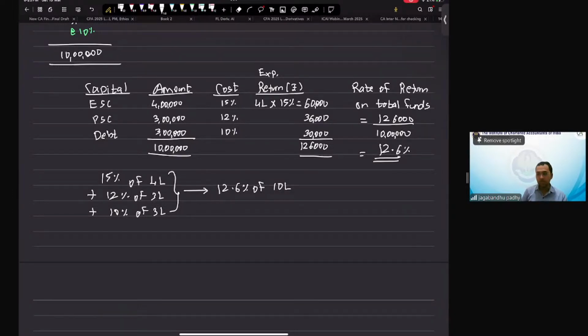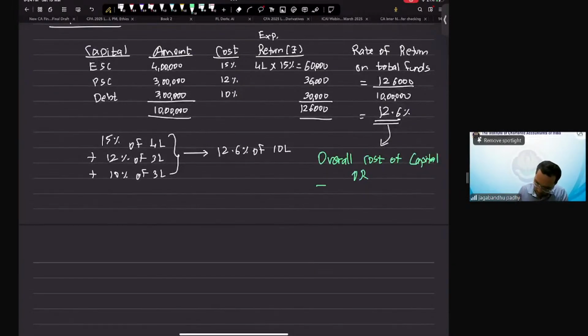Right, guys? So this 12.6% is something which we call overall cost of capital. Or we also call it total cost of capital.